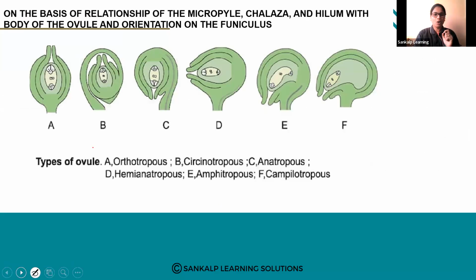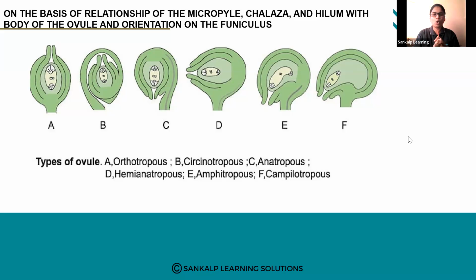Next, very important, we have classification on the basis of the relationship of micropyle, chalaza and hilum with the body of the ovule and its orientation. Based on how the micropyle, chalaza and hilum are arranged and their alignment, we have 6 types of ovules.